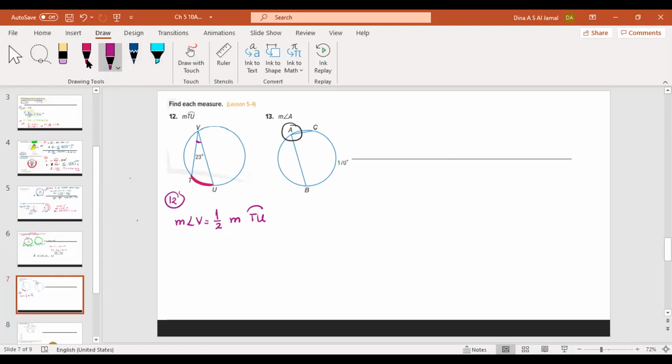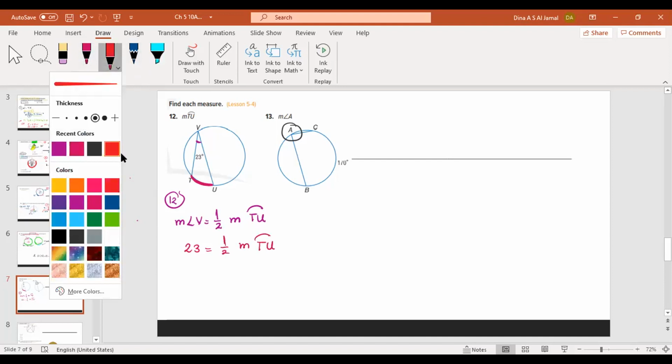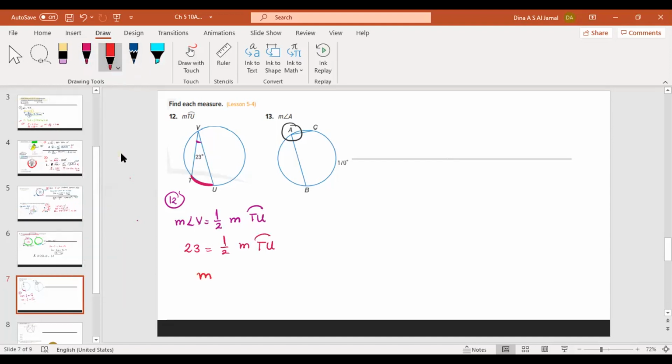I'm having the measurement already of my angle, which is 23, equal to half multiplied by the measurement of my arc. That means to get the measurement, I will be multiplying by 2. So measurement of TU, let's multiply by 2 and I will be getting 46.